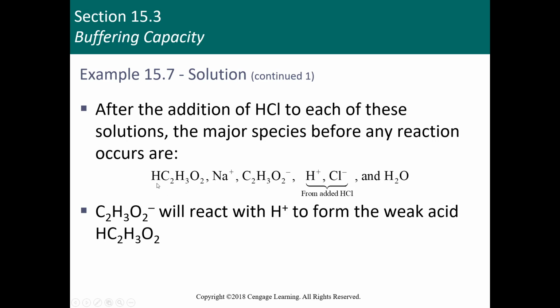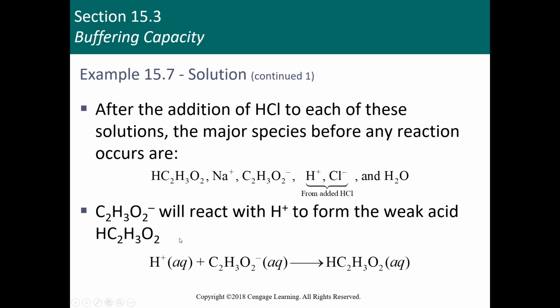Now, this right here is your acetic acid. Sodium won't matter, of course. And right there is your acetate anion, which is its conjugate base. And of course, we always have water because this takes place in water. So your initial reaction here is going to be your acetate anion reacting with the H+. And this is going to give you additional acetic acid.